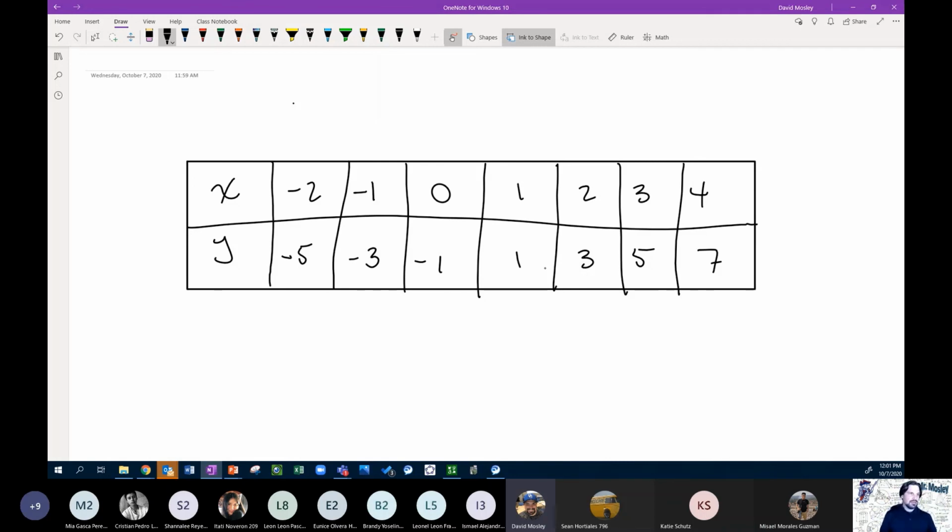Okay. So if I want to find la intercepción Y, la intercepción Y es donde X igual a 0. Para este ejemplo, aquí, X igual a 0, y Y igual a negativo 1.